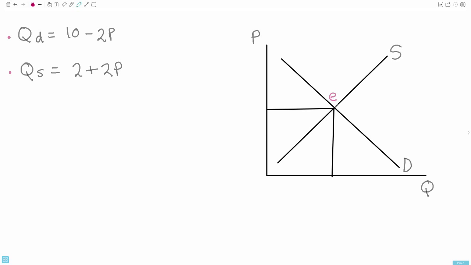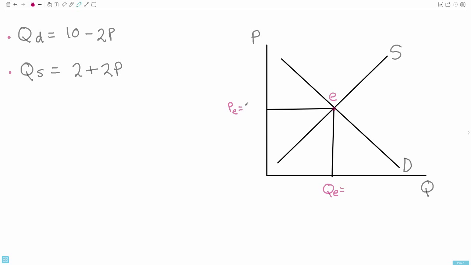This point E represents the equilibrium point. That means the price that we are going to call PE, at which sellers and buyers agree to exchange, and QE, which is the amount that sellers and buyers agree to exchange at this particular price, PE.